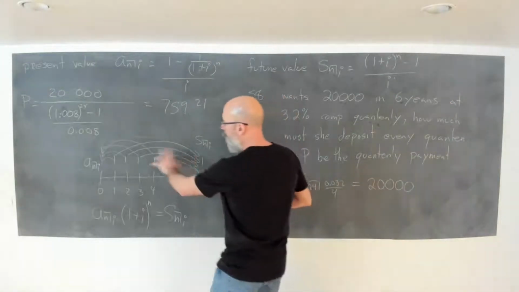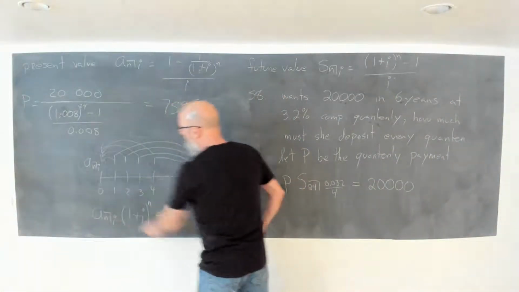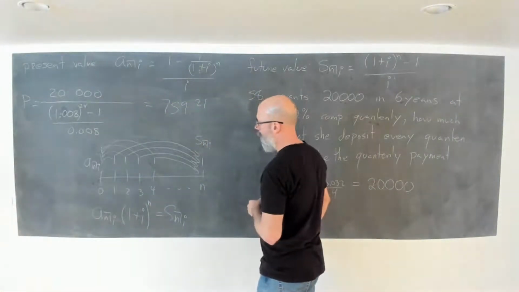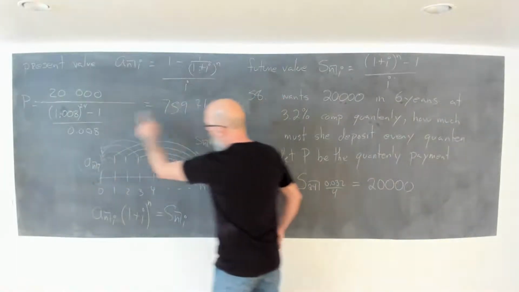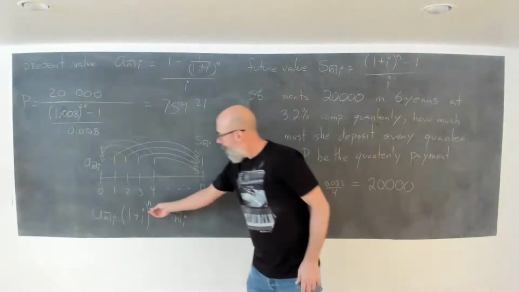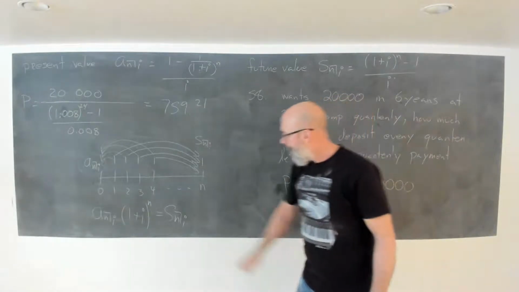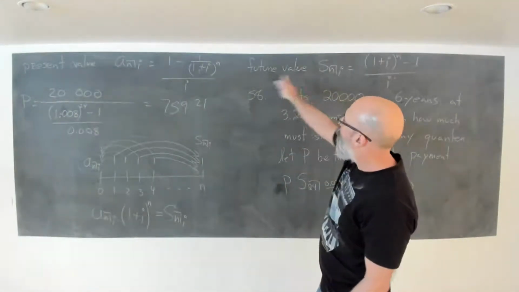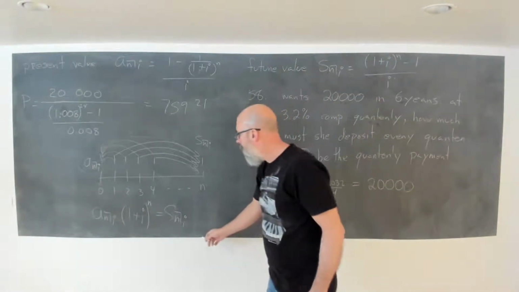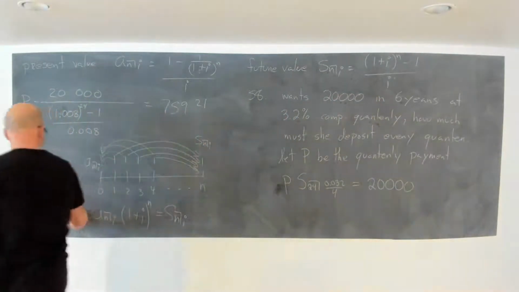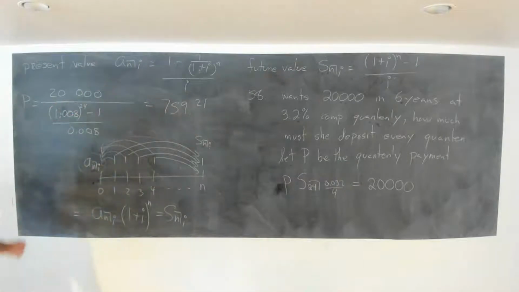This annuity is worth this much at time 0, and it's worth this much at time N. If you brought this amount forward for N periods, you would get Sn. Now, geometrically, it's very clear, because this is just that.